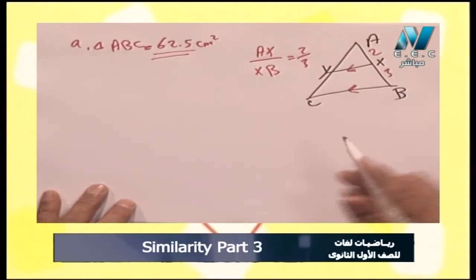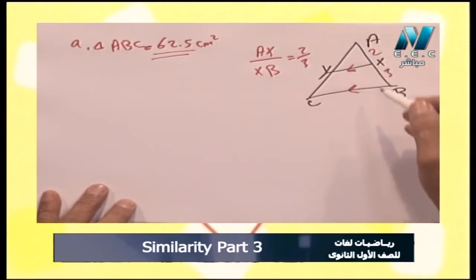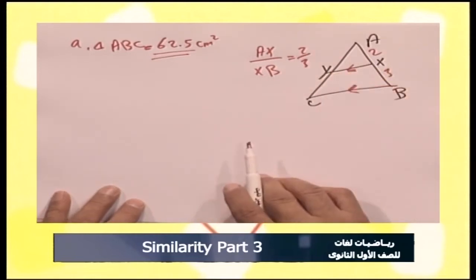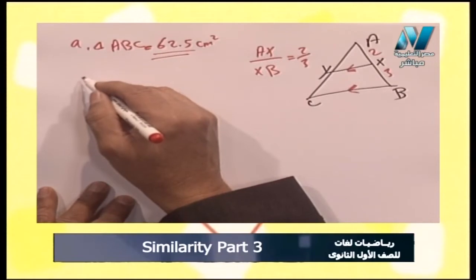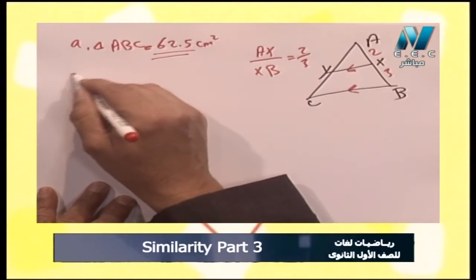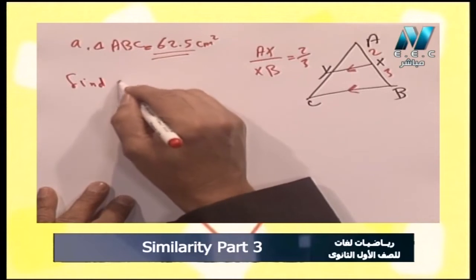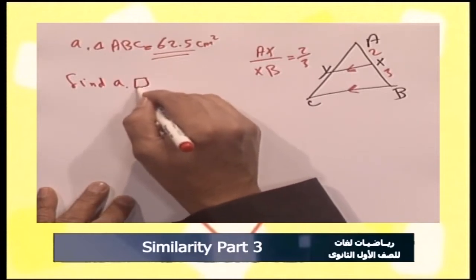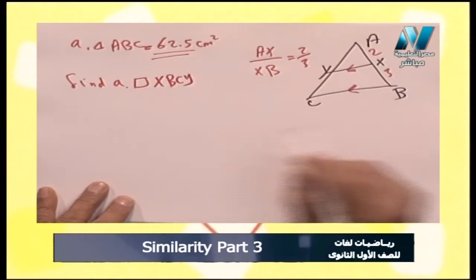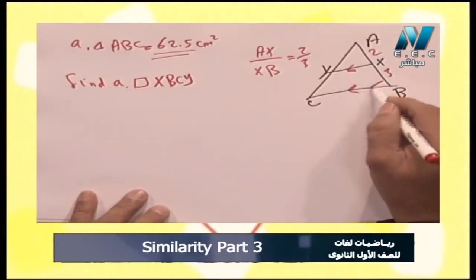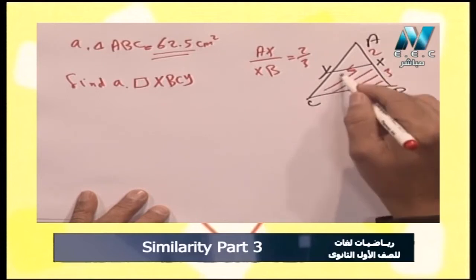And we have the ratio AX to XB equal 2 over 3. And the required is to find the area of the quad XBCY. Okay, we would like to find the area of this quad only.